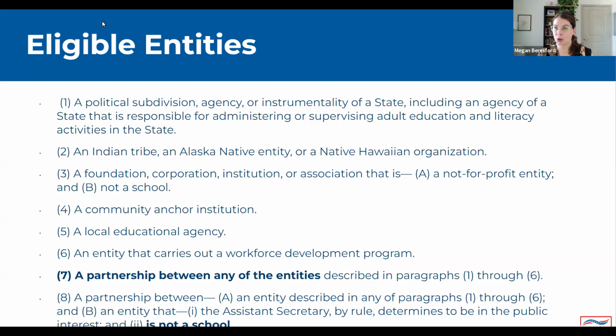The one thing I do want to point out that is unique about this: when they say a local education agency, this is not institutes of higher education. So your state universities, your private universities will not be eligible for these funds. For local education agency, we're thinking more of a school district or that kind of entity that is overseeing multiple institutions.